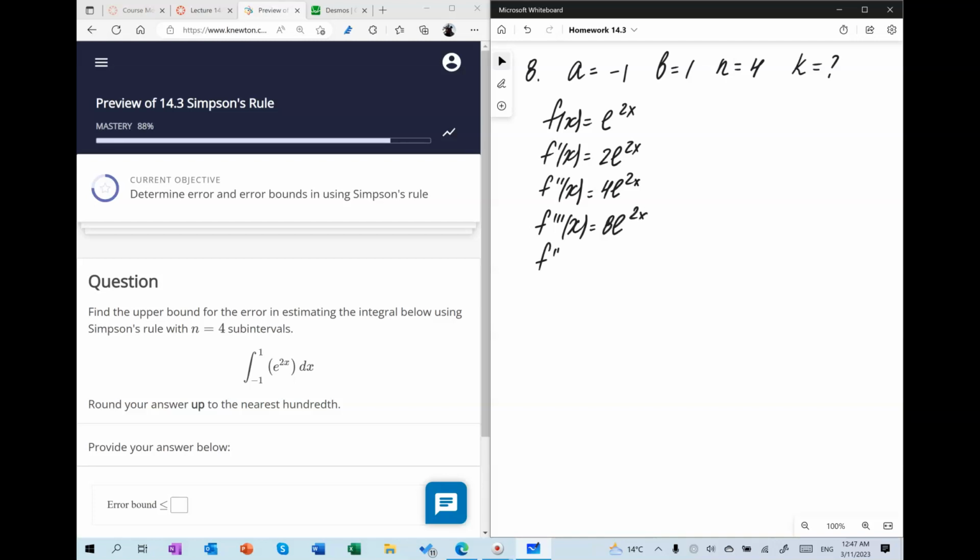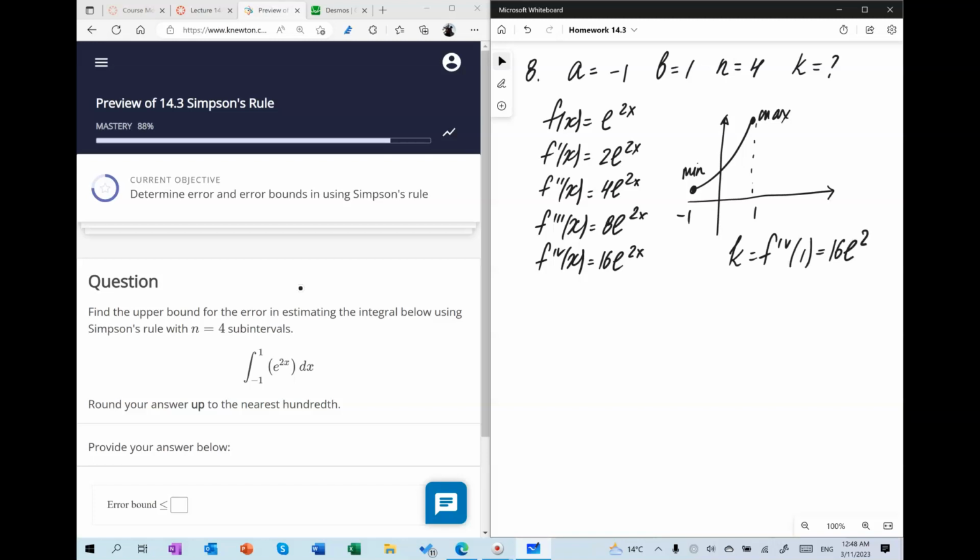This is third derivative. And finally, this is fourth derivative, which is exponential function. Therefore, it's monotone. Therefore, it obtains its minimum at -1. It obtains its maximum at 1. So it does make sense to set k equal to the fourth derivative at 1, which is 16e squared.